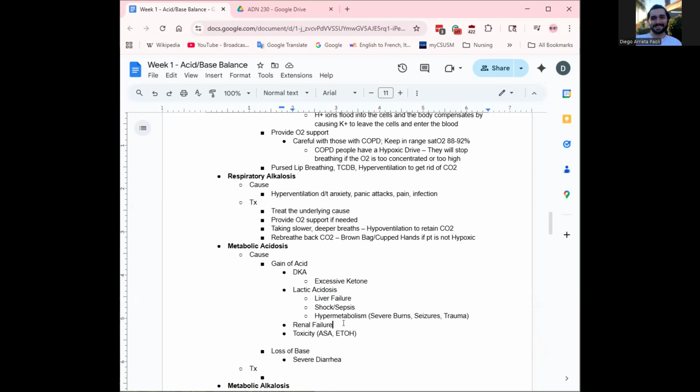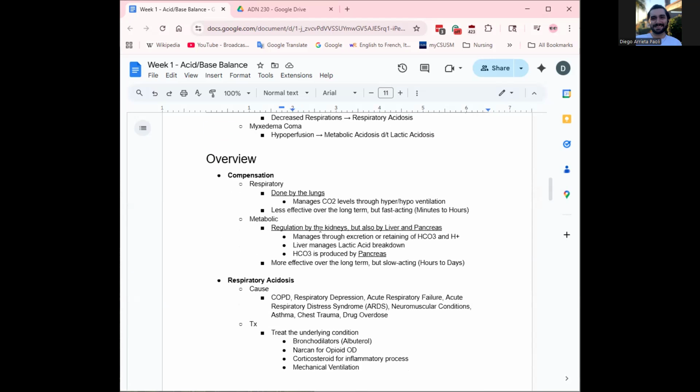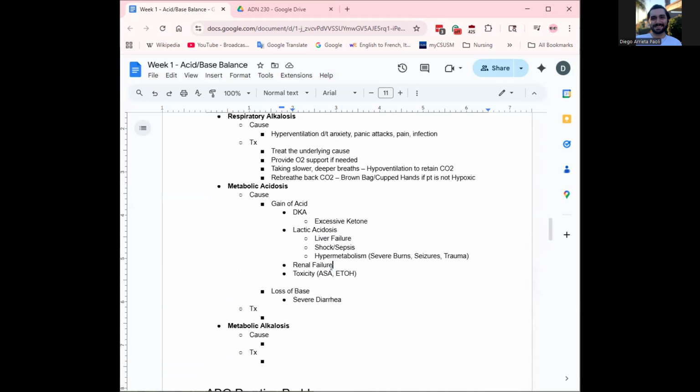Renal failure, we mentioned how the kidneys are one of the main contributors to your acid-base balance. So if your kidneys aren't working well, then you're going to have issues with that. And then toxicity, the aspirin toxicity can lead to kind of like the hypermetabolism as well. And then for the side of your loss of base, so this is a gain of acid and then a loss of base: severe diarrhea.